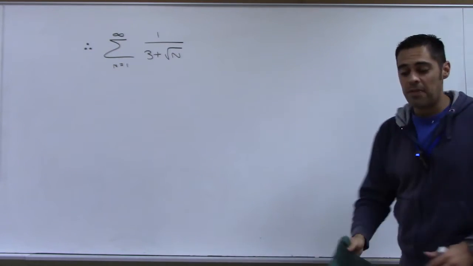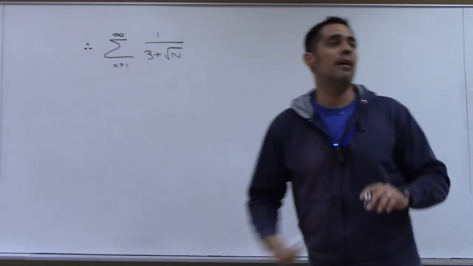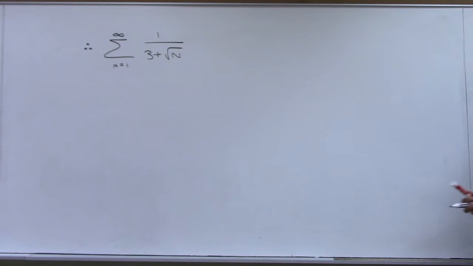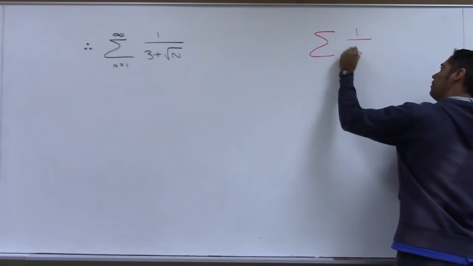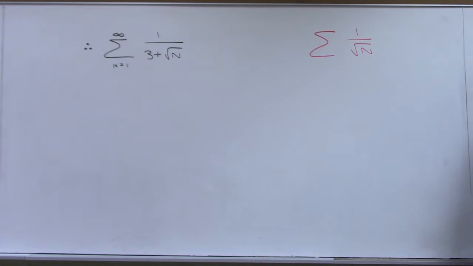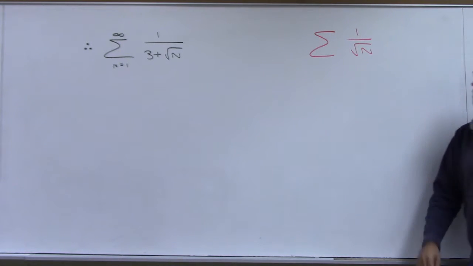And let's try it with that 1 over root n that didn't work for the comparison test. But limit comparison instead of just a straight, which some books call direct comparison as opposed to limit comparison.